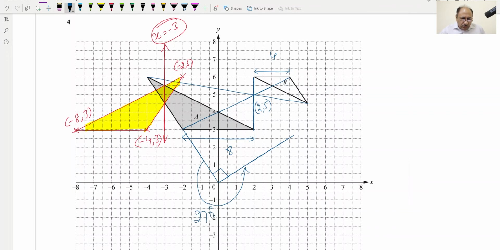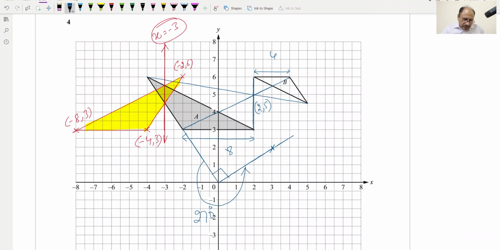Now we have to rotate this, and this point, which is 3 and minus 2, will be rotated, and it will be 3 and 2, and we will get this point over here.